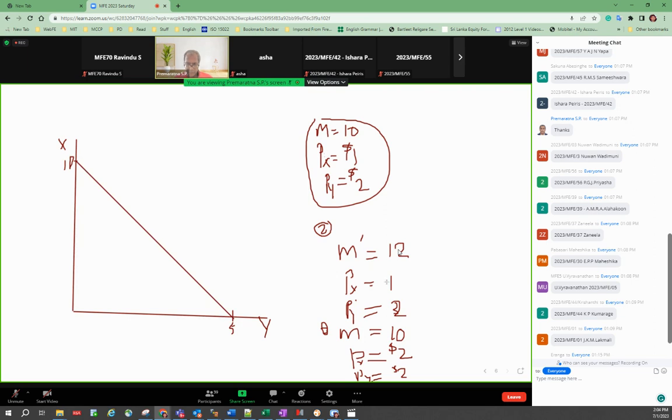The second one, the money income increases up to 12. Let's say somewhere here. So the second budget line shifts completely parallel, like this.